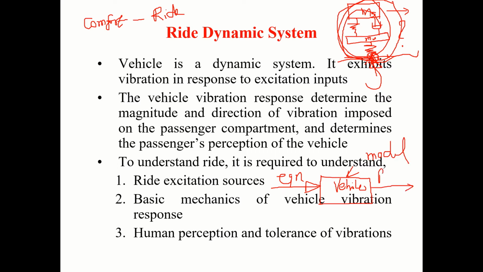Get the response model. This is what is important. Then, to achieve the required response, what parameters have to be tuned in the vehicle so that the response is perceived by the human as comfort.